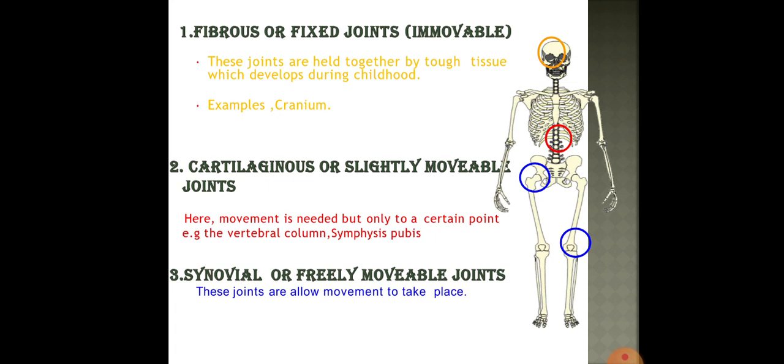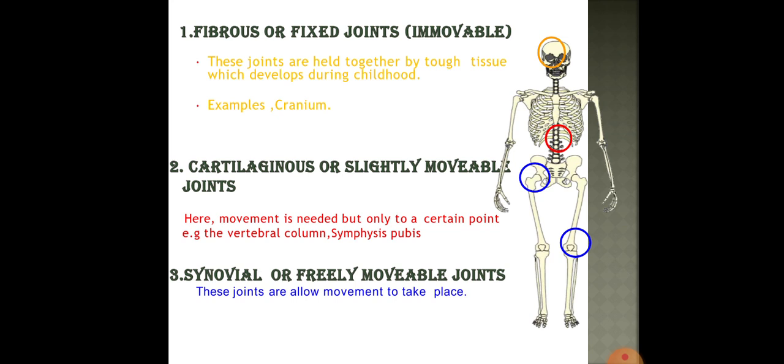First one, fibrous or fixed or immovable. These joints are held together by the tissue which develops during childhood. Example, cranium.